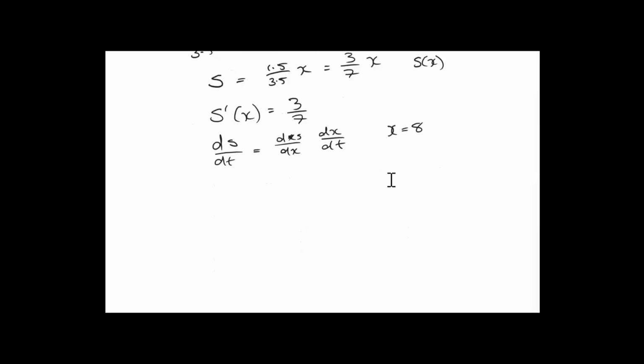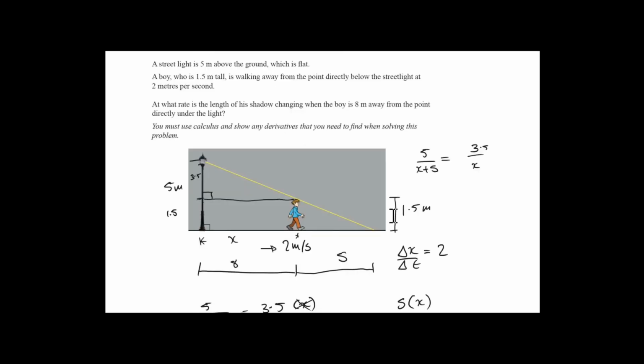Okay, so that's what we're looking for. The change in the shadow with respect to x, we worked that out already as 3 over 7, and the change of x with respect to t, we worked out as 2. So I guess the 8 is irrelevant. So it's just going to be meters per second.